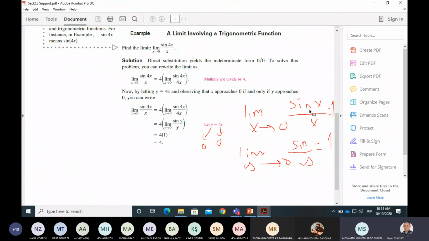The limit of sine x over x when x goes to 0 is equal to 1. My friend, this is also okay. Instead of x, you can write y here, for example. The limit as y goes to 0 of sine y over y is also 1, okay? Now, I want to turn this into this kind of form. What I do is multiply the denominator and the numerator by 4, and then take 4 out. Do you understand what is happening here?